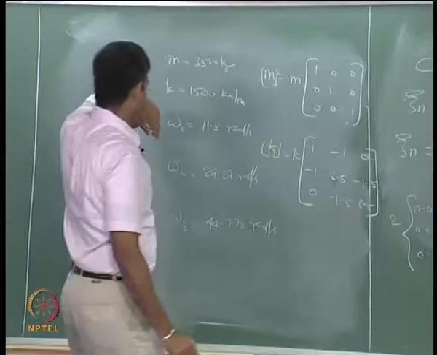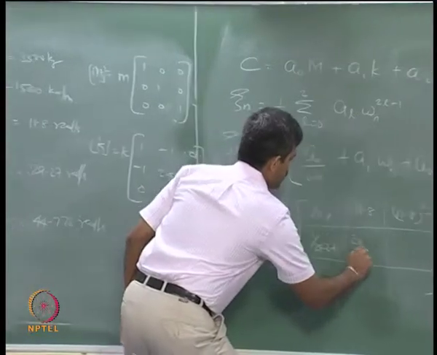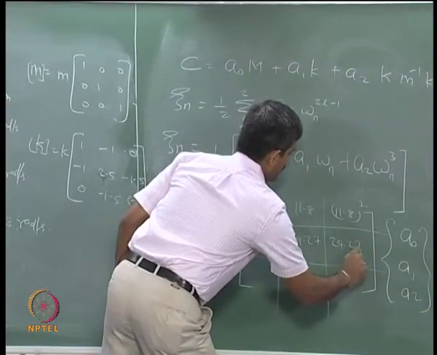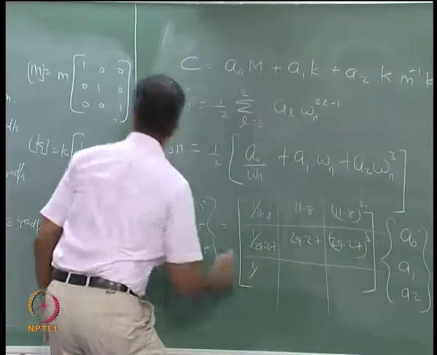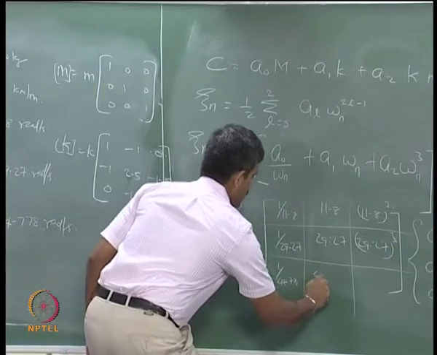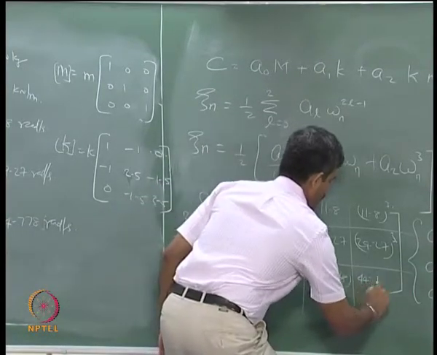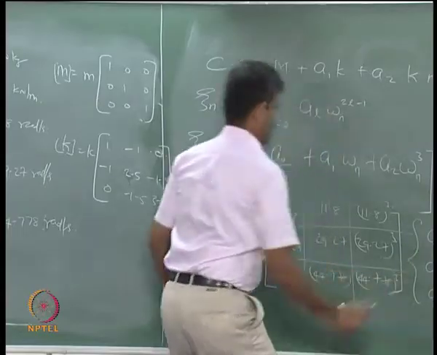And similarly 1 by 29.27, 29.27, 29.27 cube, and 1 by 44.778, 44.778, 44.778 cube.